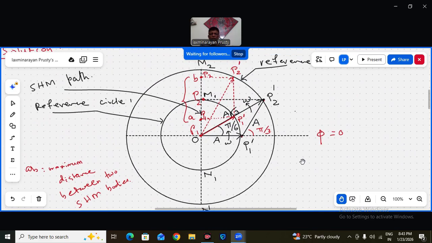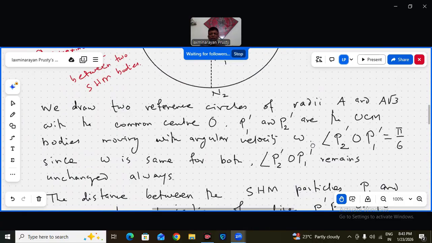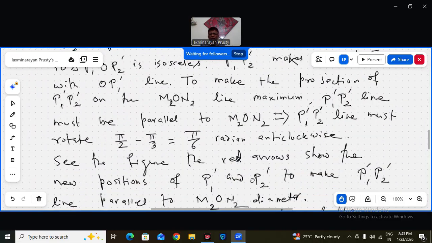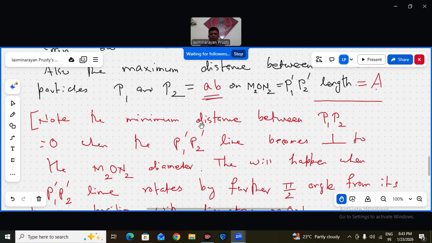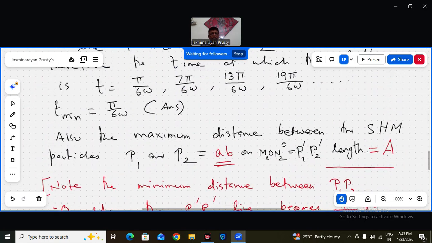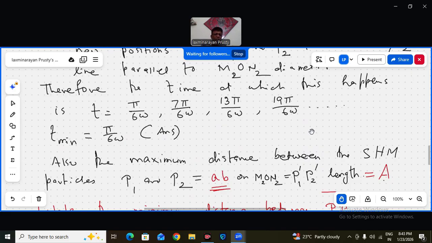I think all of you understood this. Second question, you see it once more. And the minimum distance I did not ask in the original question, but I just added a note at the end that you can yourself also visualize. Very simple, nothing. If you understood the reference circle, this is easy for you, a cakewalk.